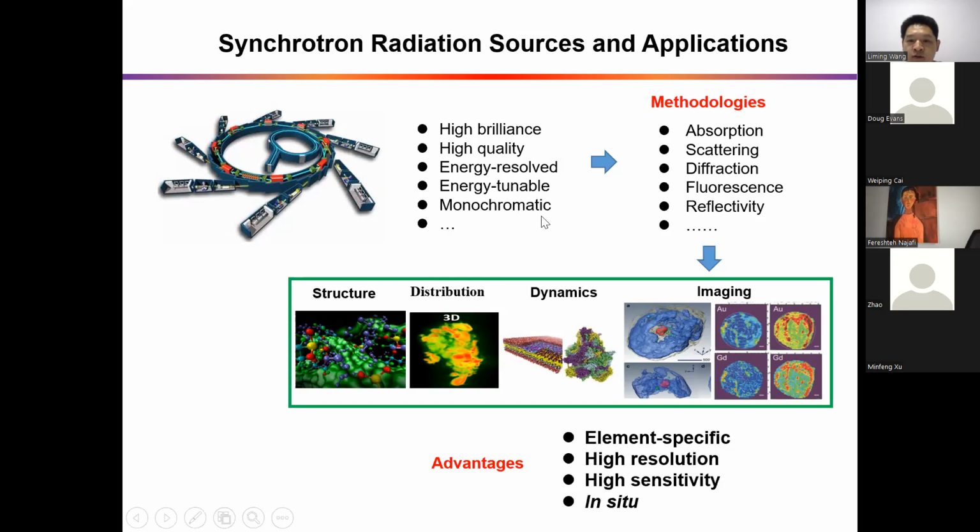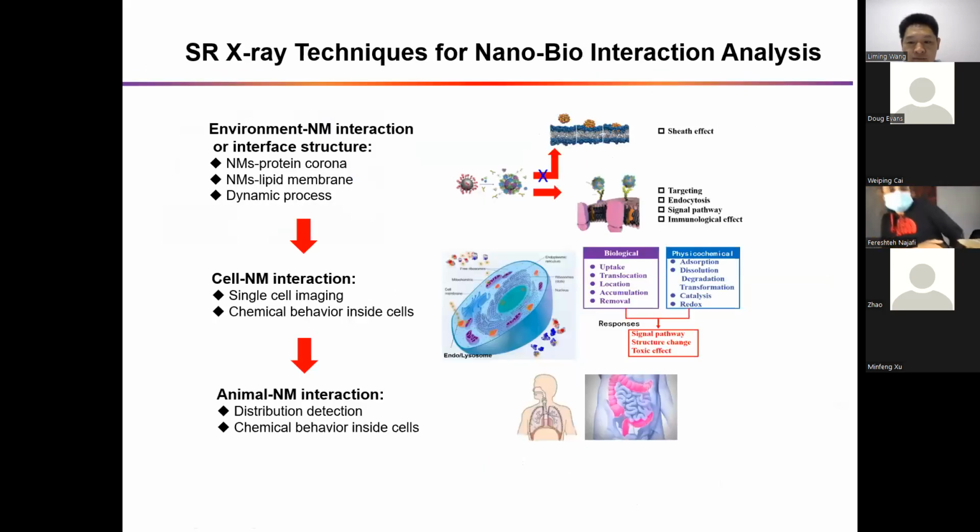This very high quality X-ray can be combined with methods such as spectroscopy, scattering, and imaging. With these methods and high quality X-rays, we can do many studies on the structure and distribution of elements and the dynamics of molecules, also on nanomaterial and nano-molecular interactions. They can also image the elements of nanomaterials inside single cells and tissues.